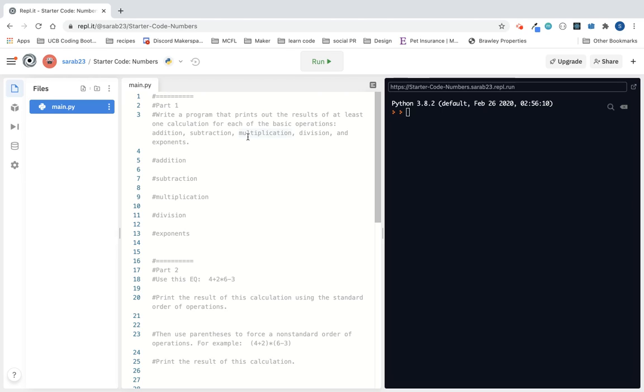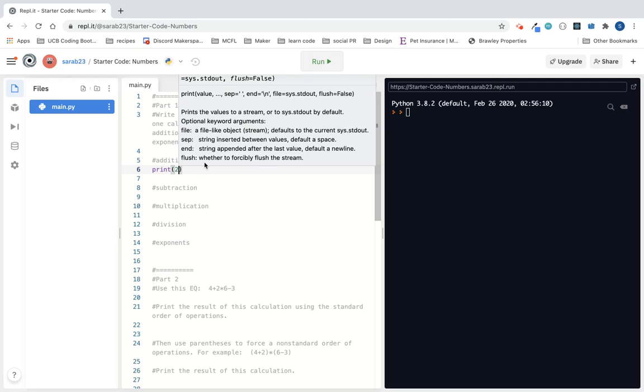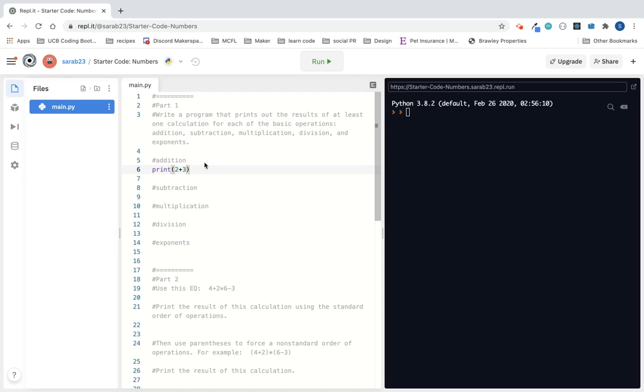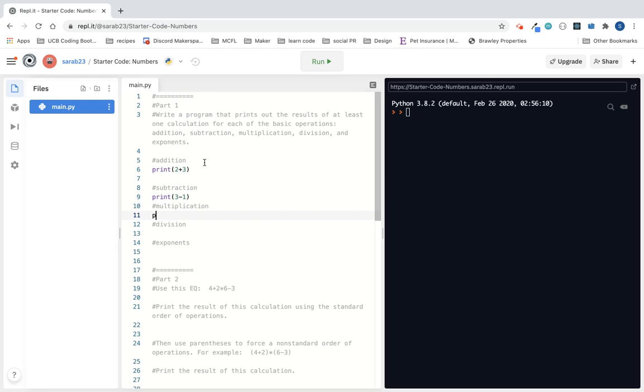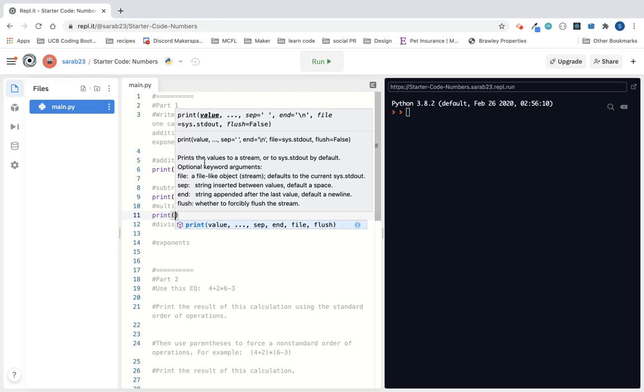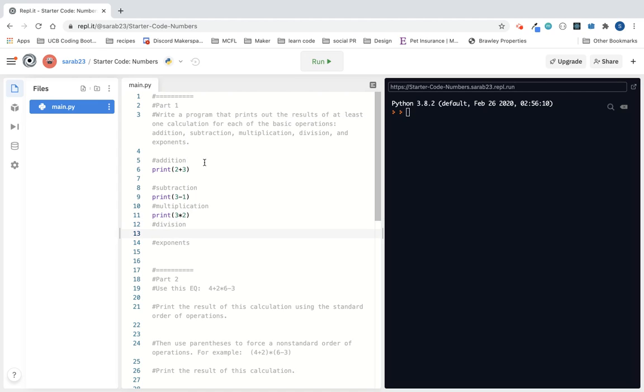This first part wants us to look at some basic operations: addition, subtraction, multiplication, division, and exponents. So let's do a simple 2 plus 3 for addition, and we'll do subtraction and multiplication and division.